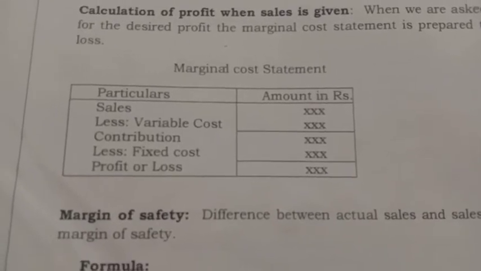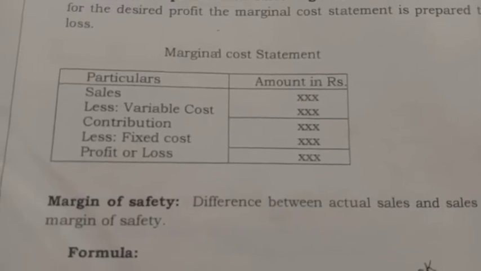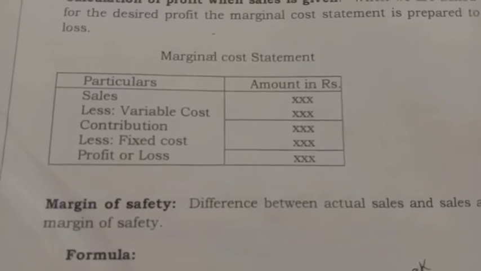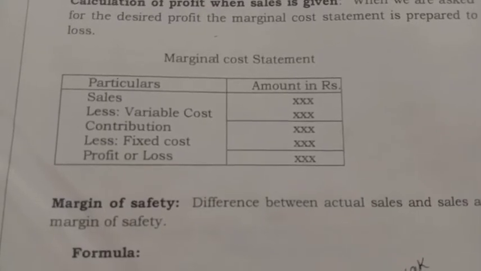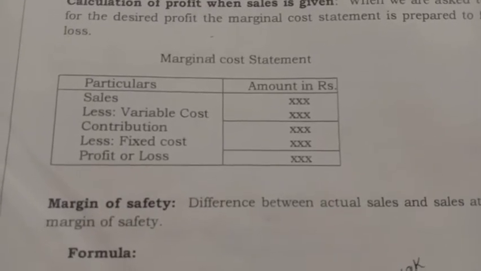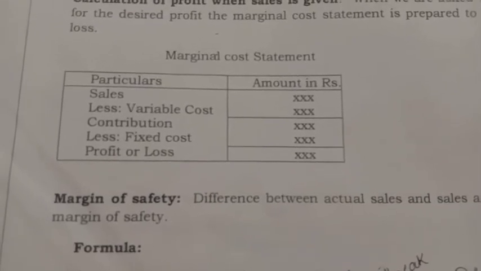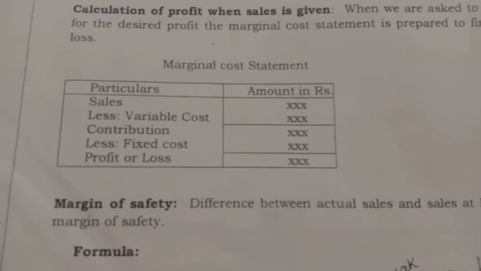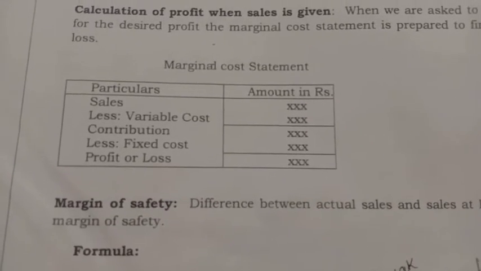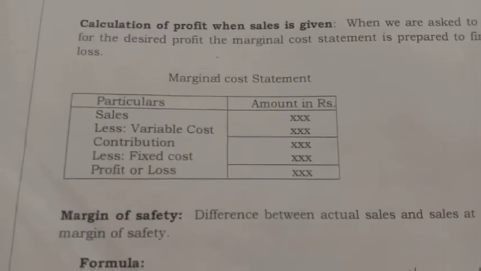In this, sales is given, variable cost rate is given, so we have to calculate by multiplying with the units. The balance amount you will get as contribution. Again, fixed cost is given, then you will get the profit or loss. So this much also they will ask for the 6 marks. If they ask to prepare marginal cost statement, we have to use this table.